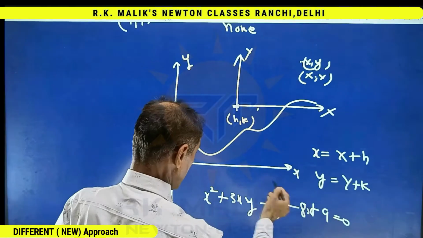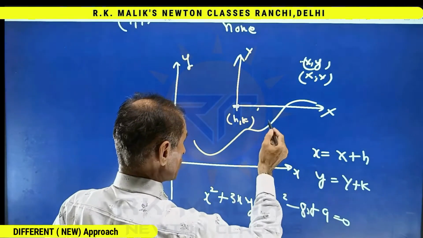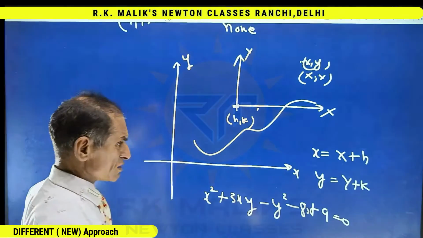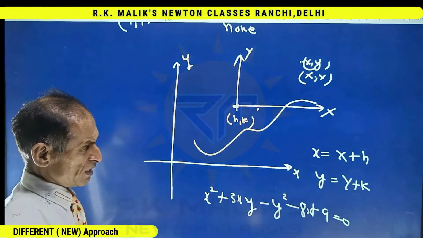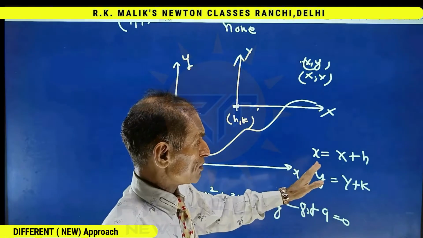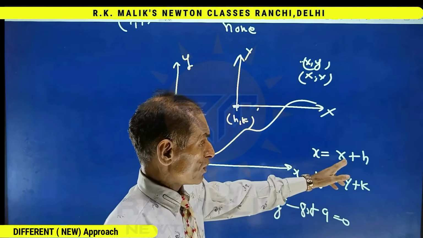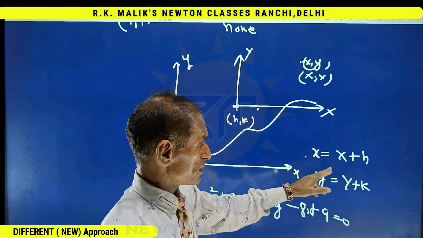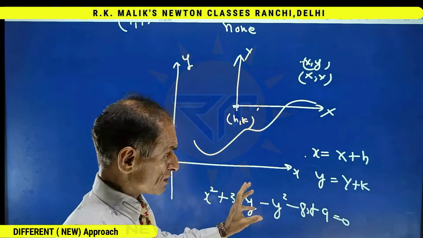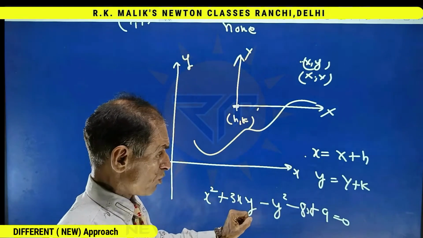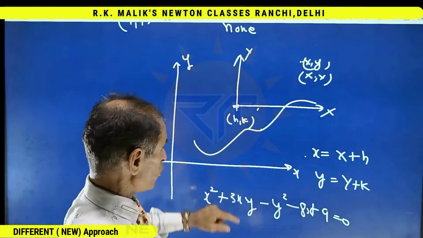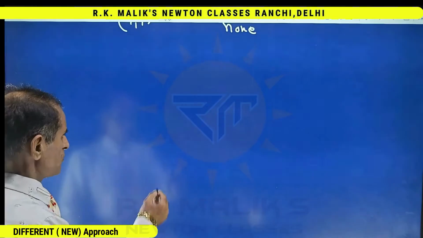The equation in capital X, capital Y will be the equation of the same curve with respect to the new axes. And if some equation in capital X, capital Y is known to you and you have to get the equation in small x, small y, for capital X you will write x minus h, for capital Y you will write small y minus k. You will get the equation in small x and small y, that will be the equation of the same curve with respect to the old x axis, y axis.